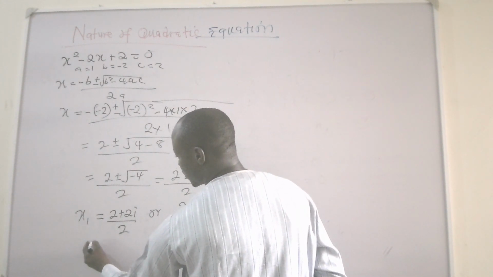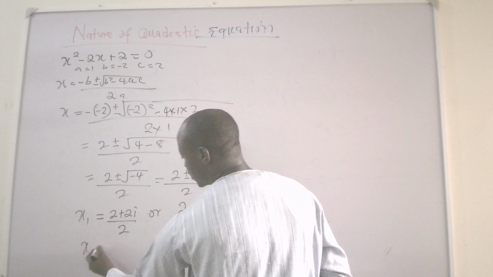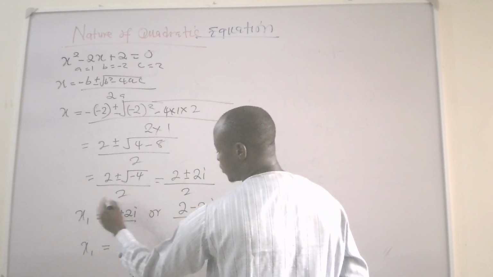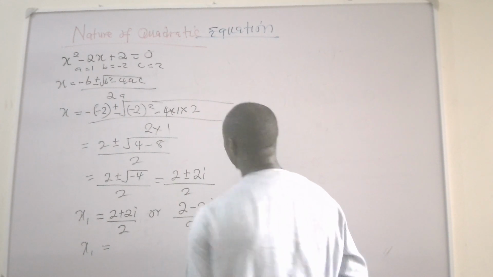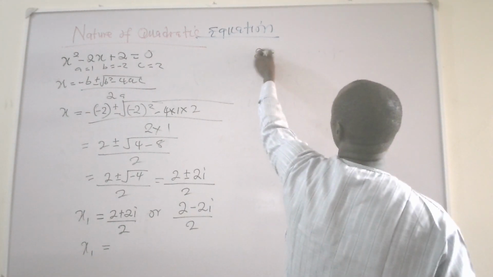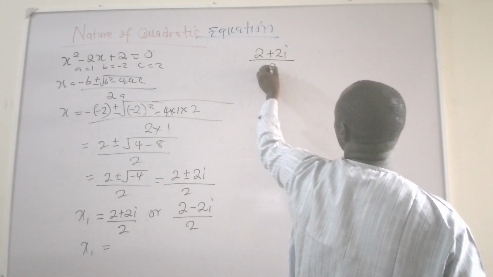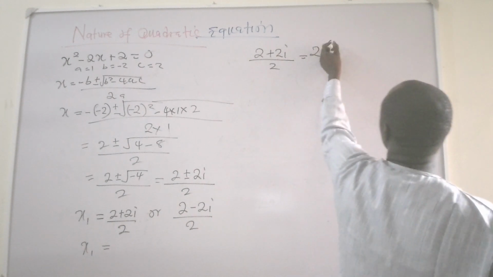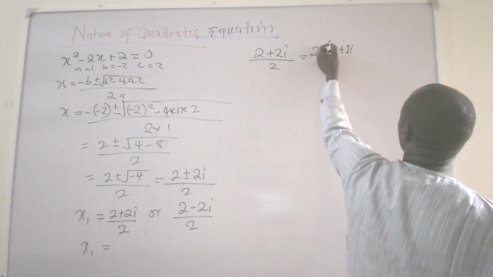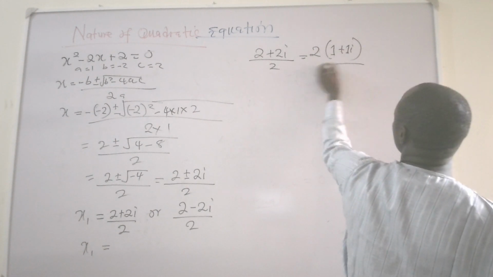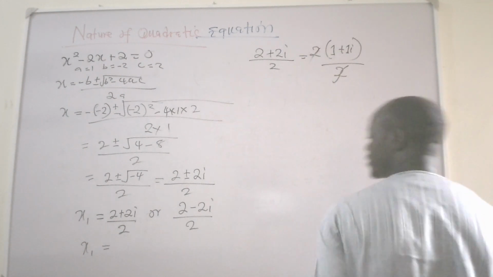Therefore, if we now factorize this, we have 2 plus 2i divided by 2. It means that it's simple to say 2 into 1 plus 1i, divided by 2. So this one will cancel this.